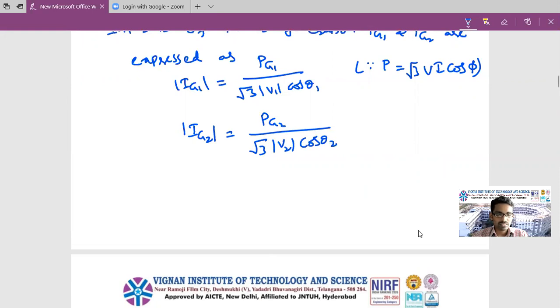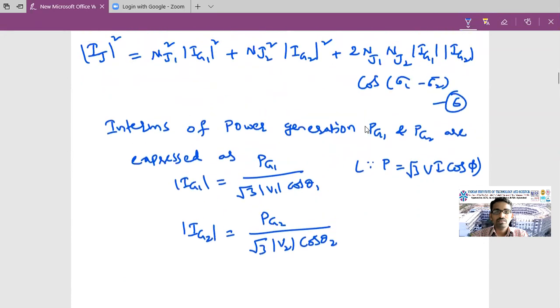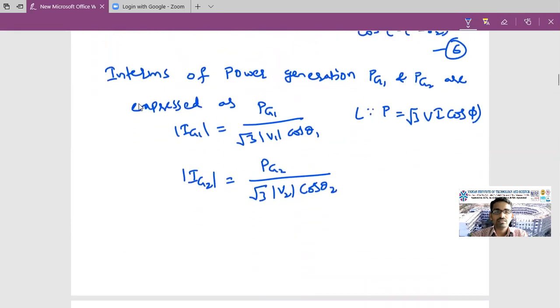So just substitute these equations for Ig1 and Ig2 and Ij in the Ij square equation, that is equation 6. Let us write these as equation number 7. Let us take this as equation number 8.